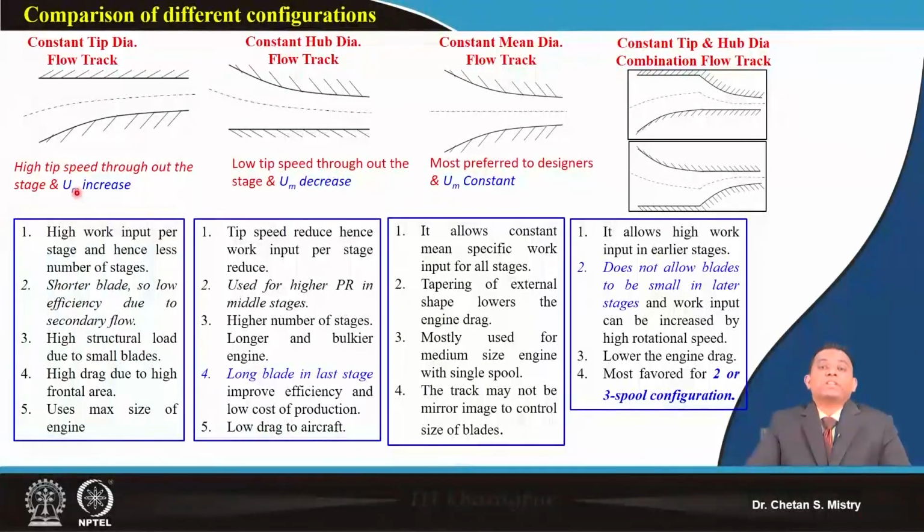Most of the middle stages of compressors for engines have been designed based on that. And to get the combined benefit of constant tip diameter and constant hub diameter, we go with a combination. That is what we are using at this moment for multi-spool configurations, be it 2-spool or 3-spool. For all those cases, we are using this combination of tracks.